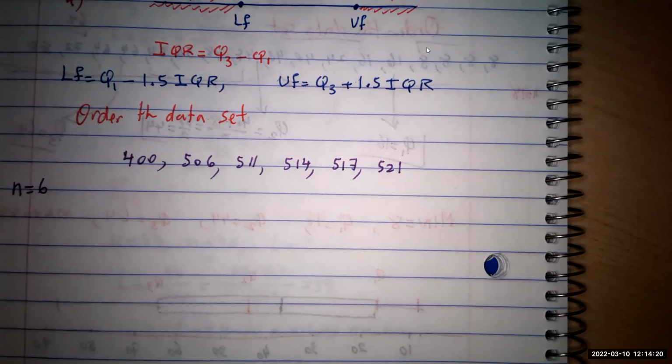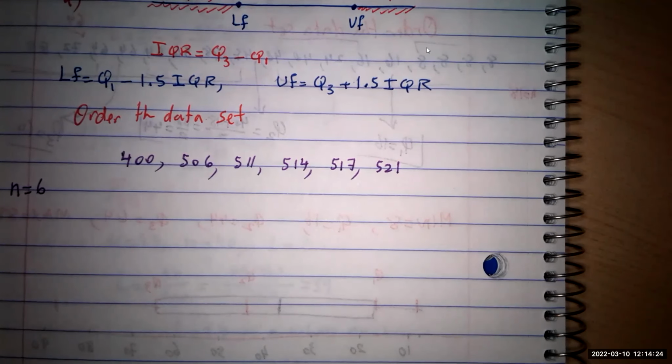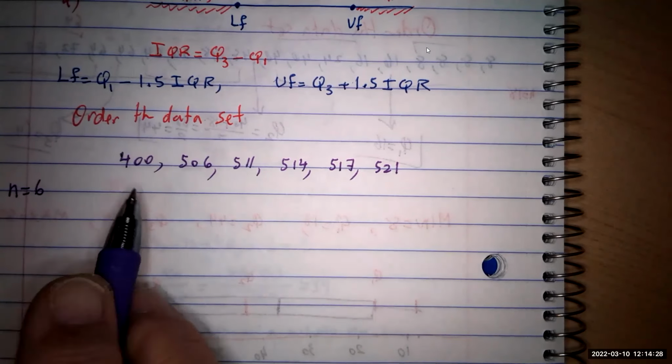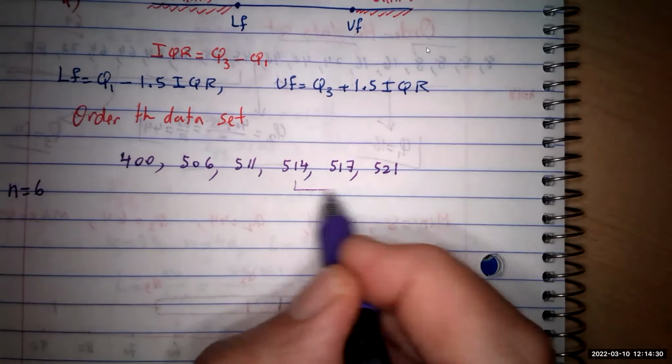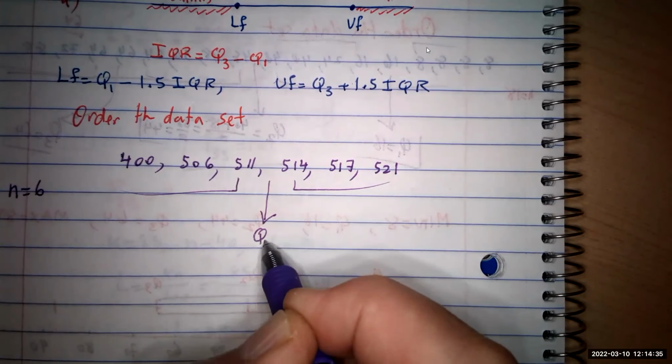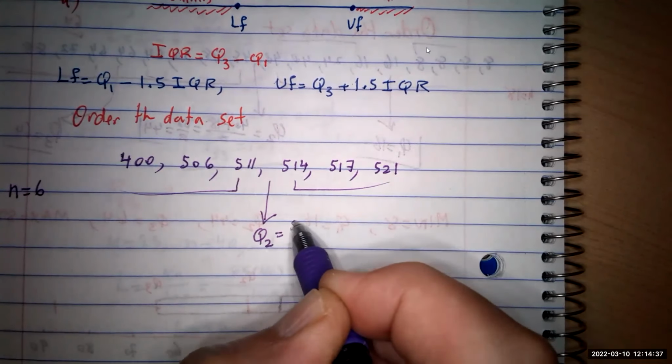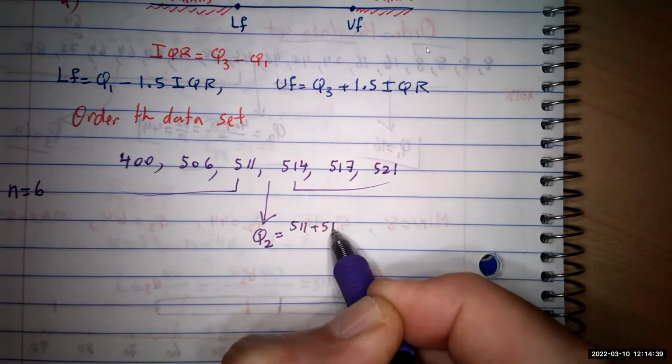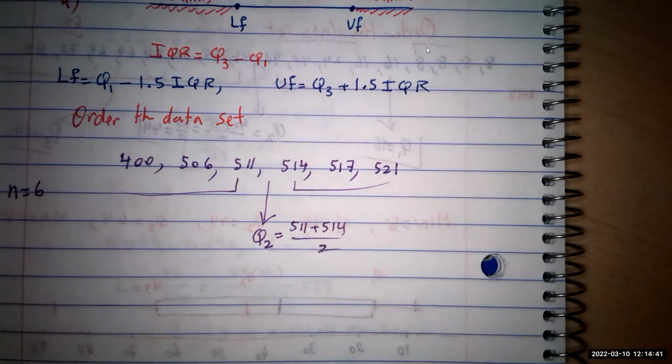Divided by 2, that gives you the Q2. You don't need Q2, but you have to find it to get through to Q1 and Q3. So it's going to be 1, 2, 3, 1, 2, 3. So the Q2 is going to be here. You're not interested in that; it's going to be the sum of these numbers divided by 2. You don't have to find it because you don't need it.